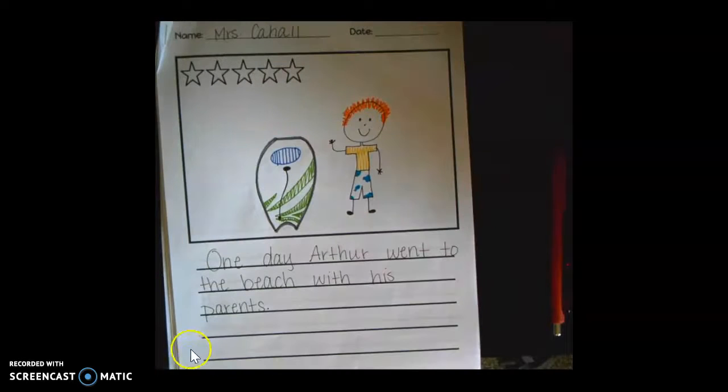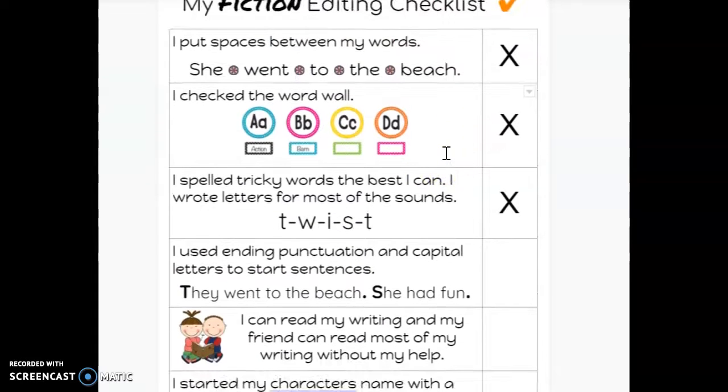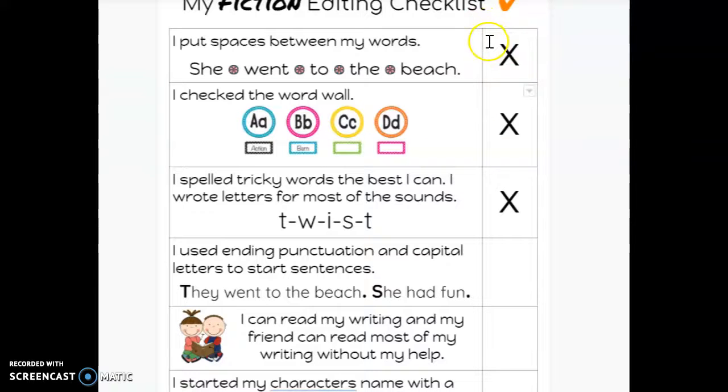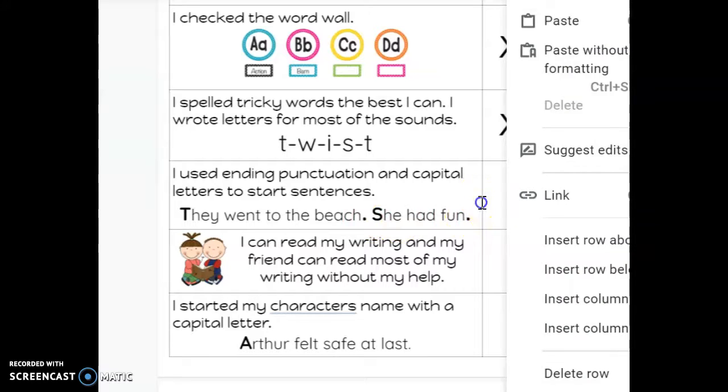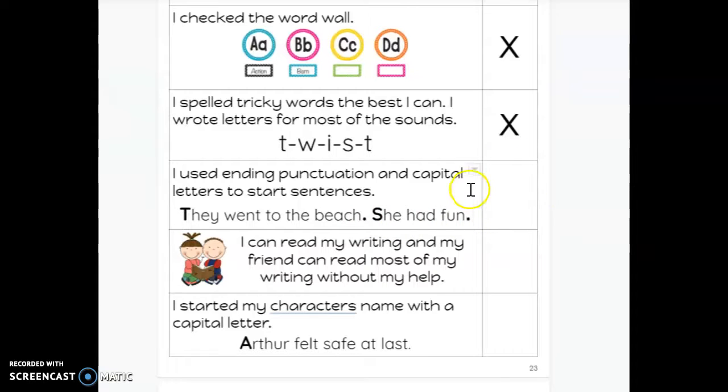Now let's take a look at our checklist and see if we can check any more of those off. So here's our checklist. So far, we put spaces between our words, checked the word wall, spelled tricky words the best that we could, and this is something that I worked on and I still need to work on, using ending punctuation and capital letters. So I'm going to leave that blank, but I'm still working on it.